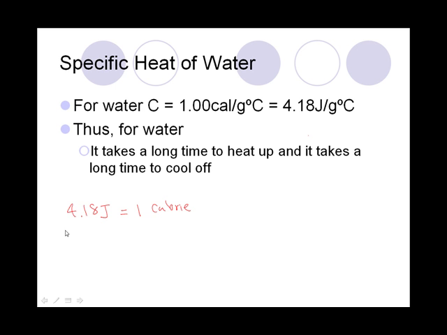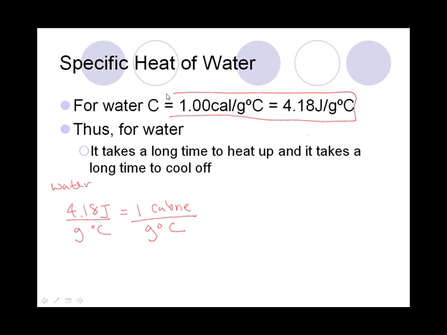And so considering that specific heat capacity of water is 4.18 joules for every gram of water to change its temperature by 1 degree, if I were to have the specific heat capacity of water in calories, then it would be 1 calorie for every gram of water to change its temperature by 1 degree. So specific heat of water can be expressed in both ways.